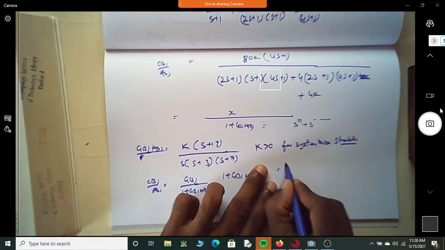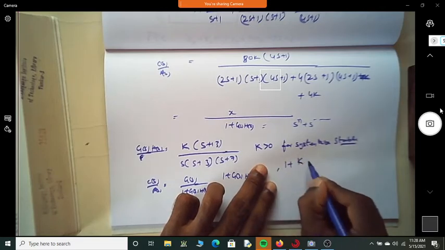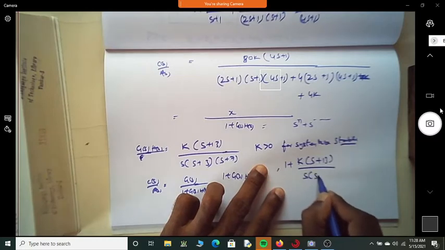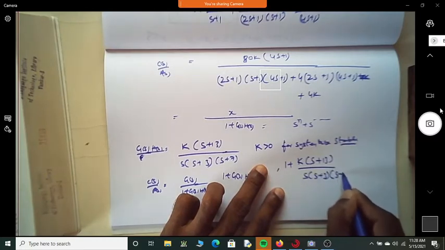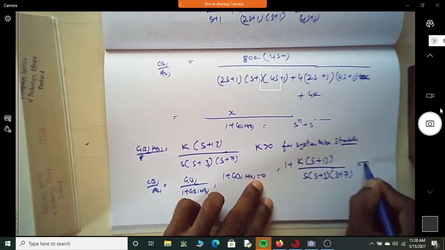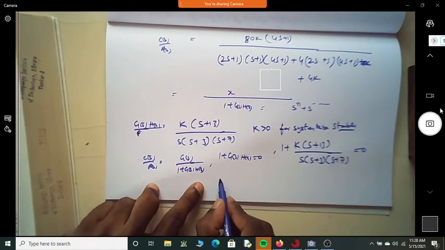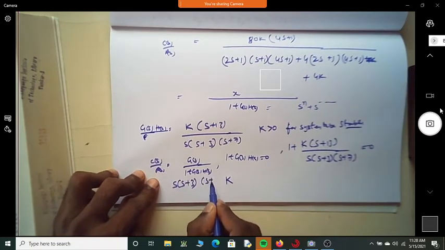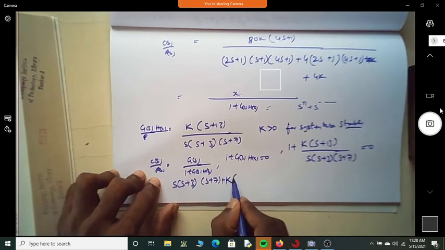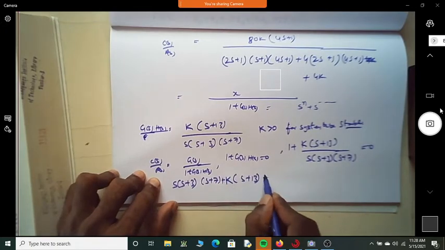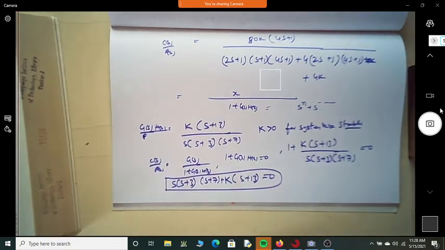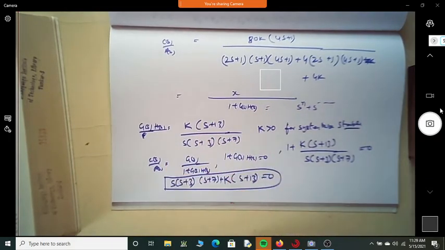Correct? That is 1 plus K into (S plus 13) divided by S into (S plus 3) into (S plus 7) equal to 0. Then this becomes S into (S plus 3) into (S plus 7) plus K into (S plus 13) equal to 0, which is your characteristic equation.